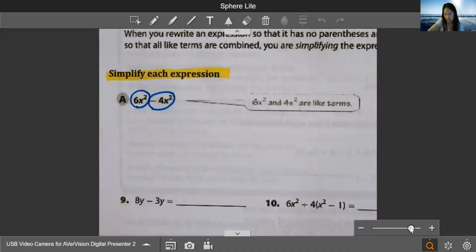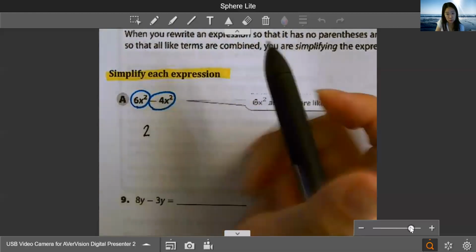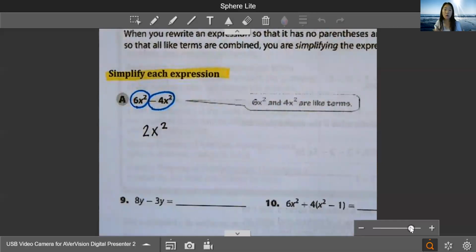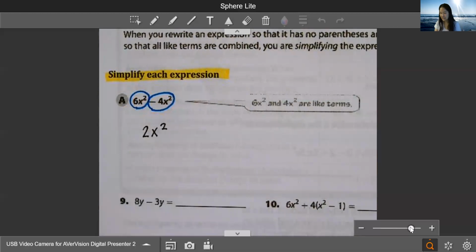So the answer is 2, because 6 minus 4 is 2, x to the second power. So all you do is you add or subtract the coefficients. And that's the answer.